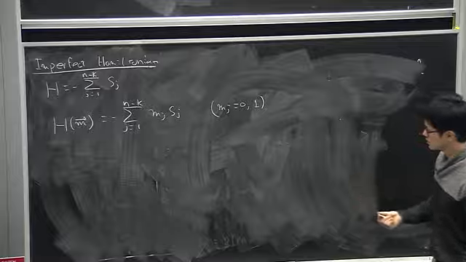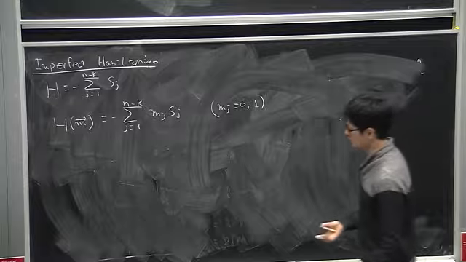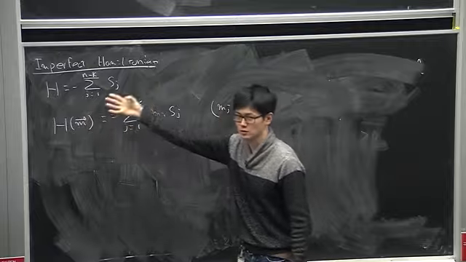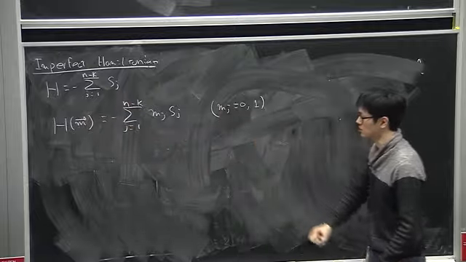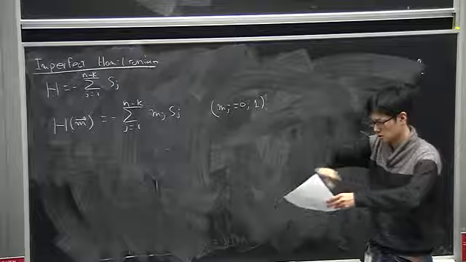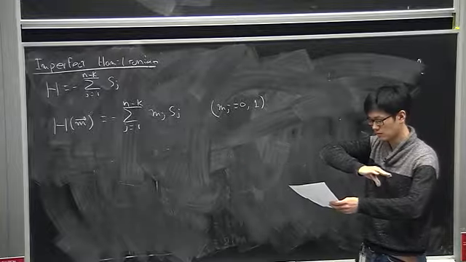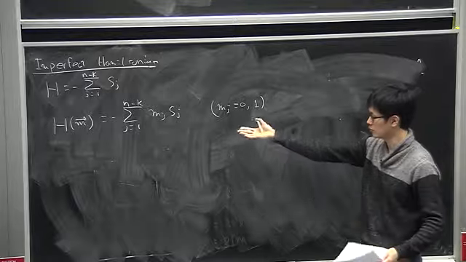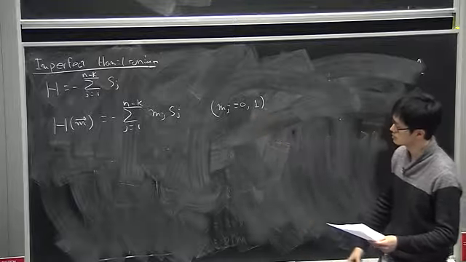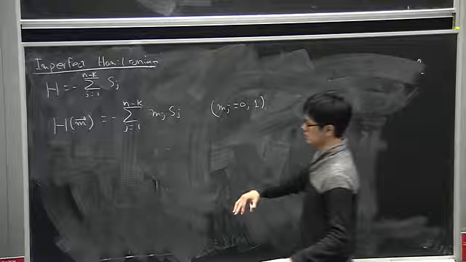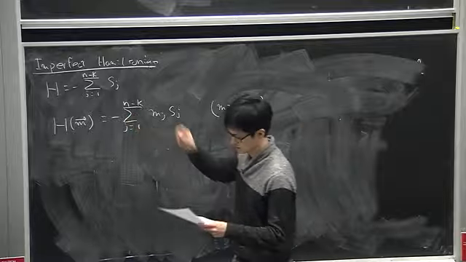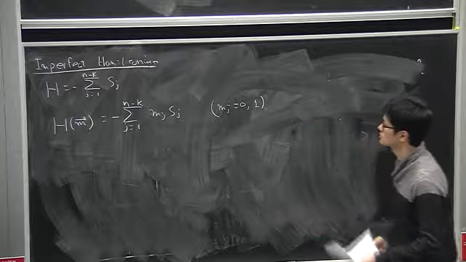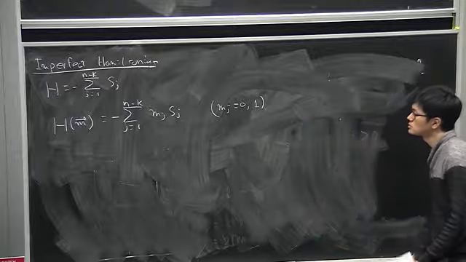This vector m tells you which term you want to keep and which term you don't want to keep. If this m is the vector with all 1, then we keep all the terms in the Hamiltonian. But if it's all 0, then there's nothing in the Hamiltonian. So that is the definition of the imperfect Hamiltonian.